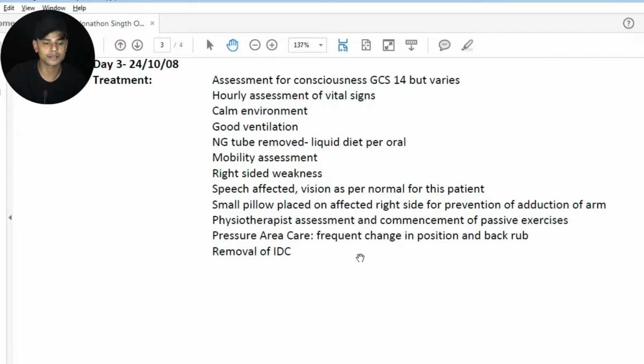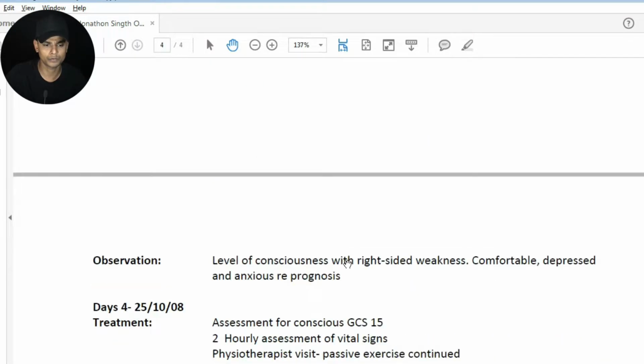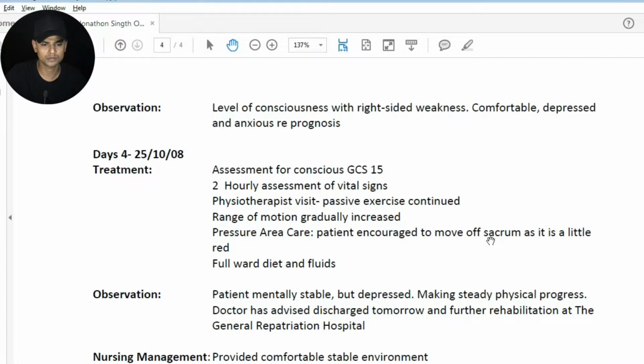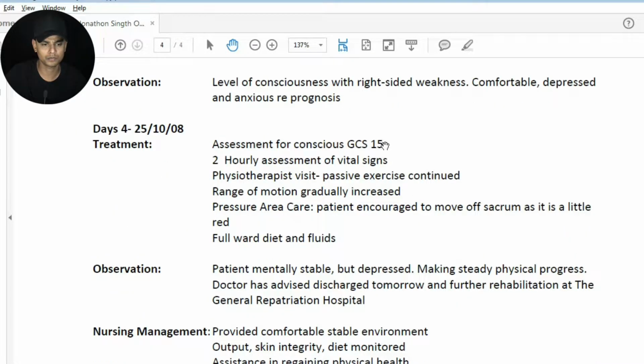Removal of IDC. On observation, you can see level of consciousness with right-sided weakness. He is comfortable, depressed, and anxious. And on day 4, you can see same thing repeated, but physiotherapist visited, passive exercises continued.